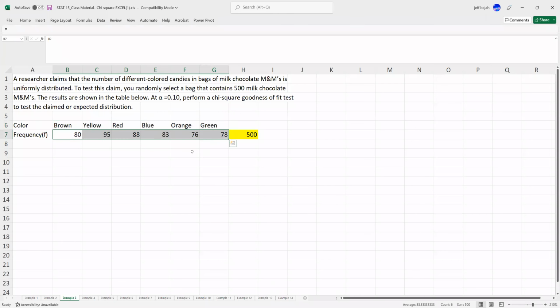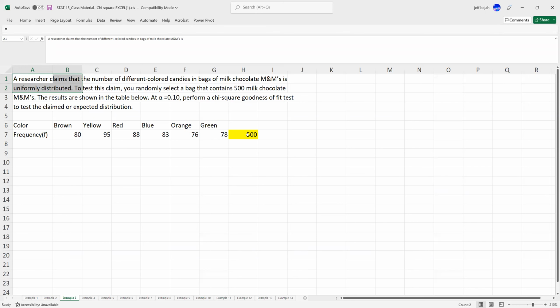The question is saying that at a 10% level of significance, you are told to perform a chi-square goodness of fit test to test the claim. The claimed or expected distribution is what the researcher is saying, that they're supposed to be uniformly distributed.